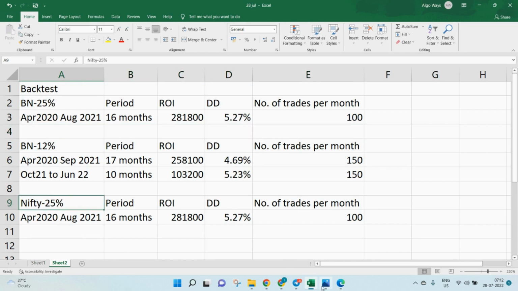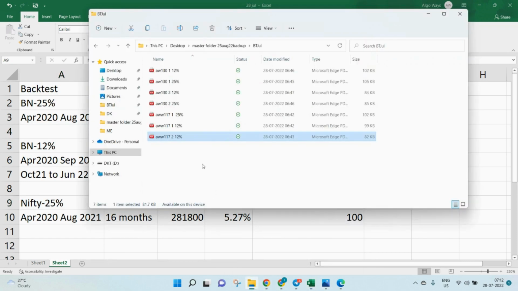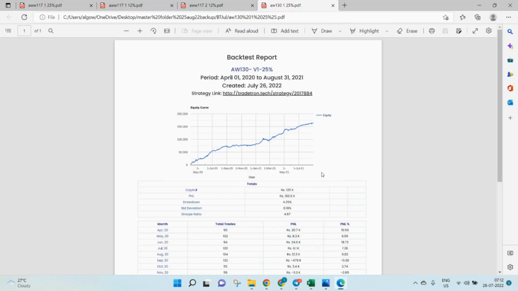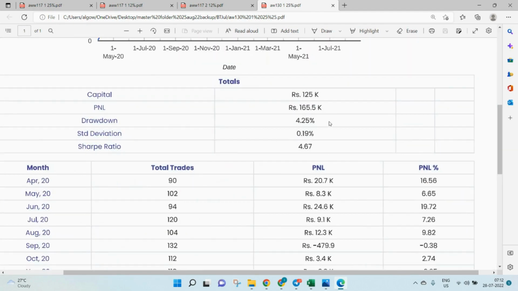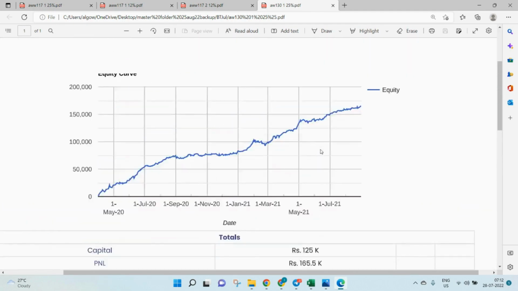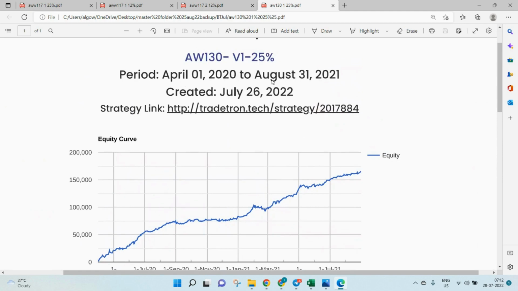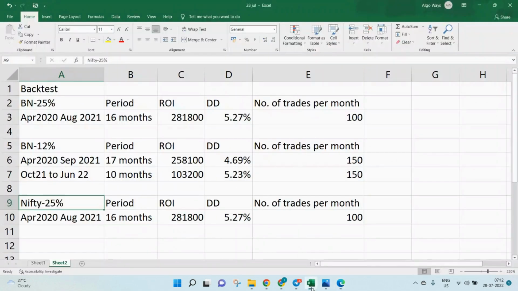Nifty 25%. Okay, so this is 165,600 and the period is again April 2020 to August 21, 16 months.